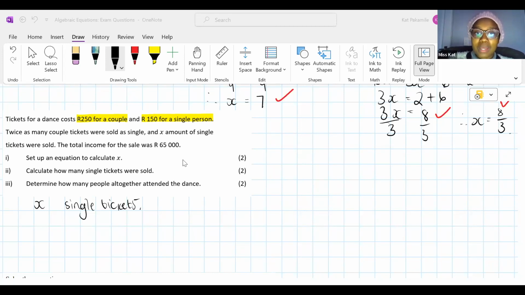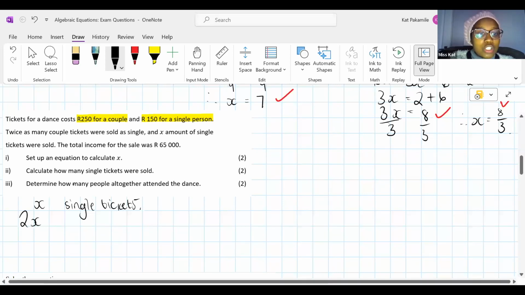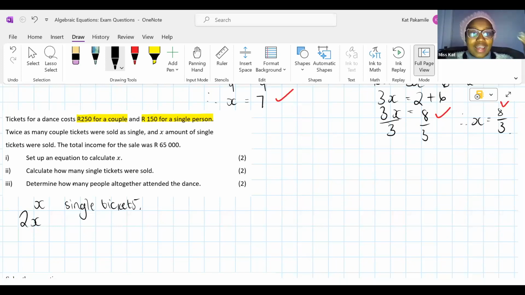What does twice mean? Yes, 2 times. Yes, guys, we're getting it. So if X single tickets were sold, then 2X couple tickets were sold, because they said twice as many couple tickets were sold. So there were 2X couple tickets.